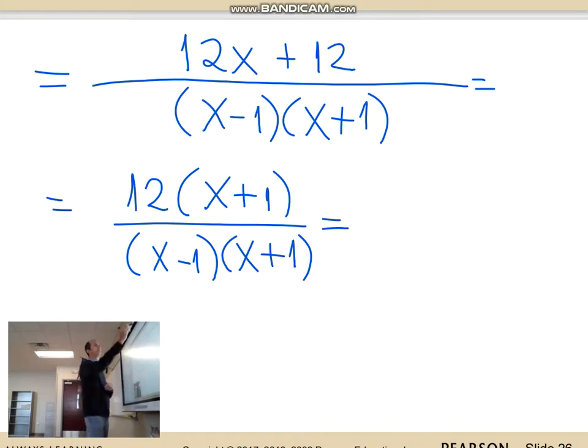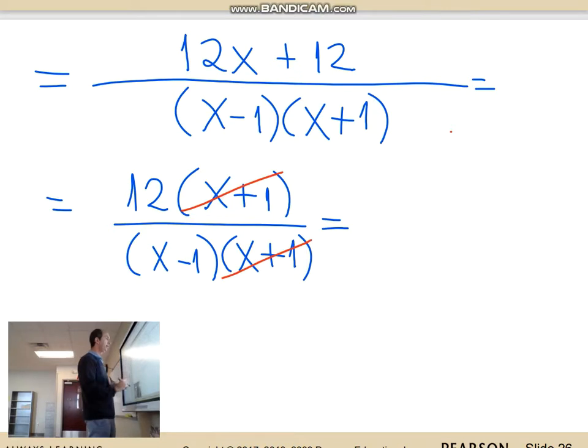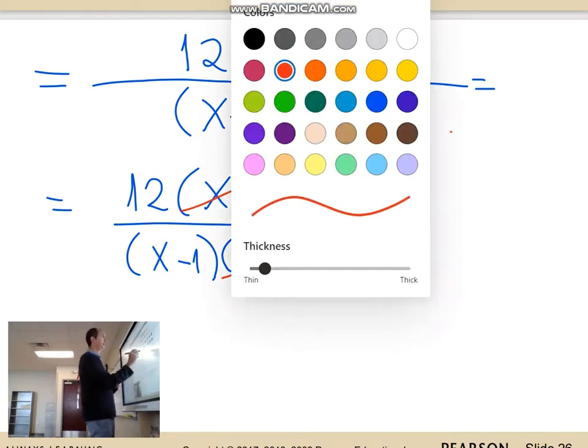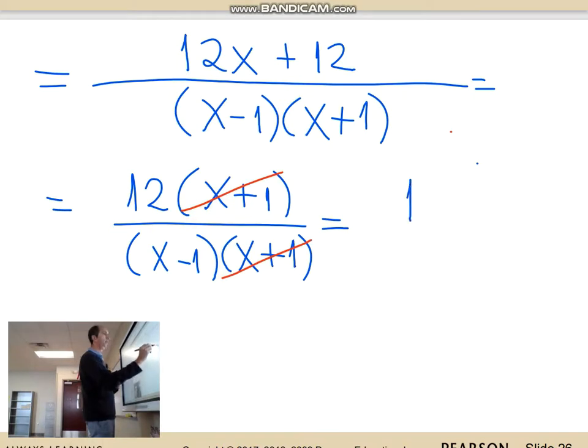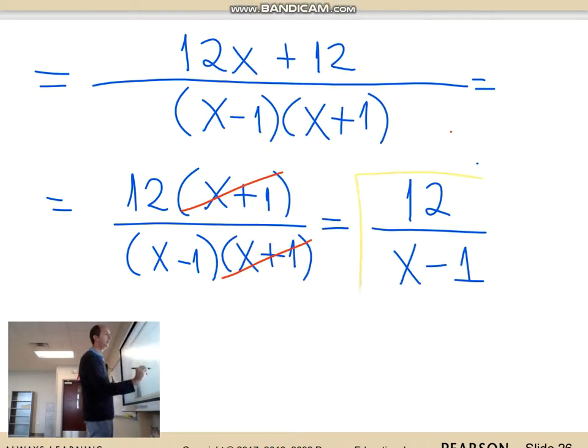And this allows us to cancel out x plus 1 and x plus 1, right? And the final answer is going to be just 12 as the numerator, and at the bottom x minus 1 as the denominator. That is the final answer.